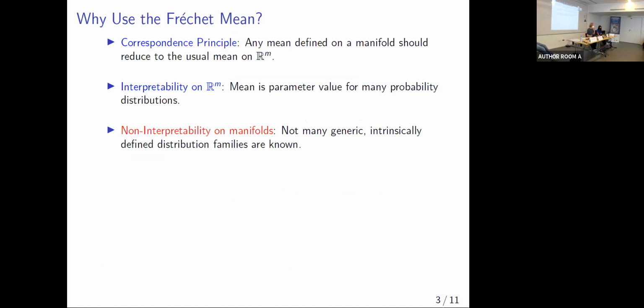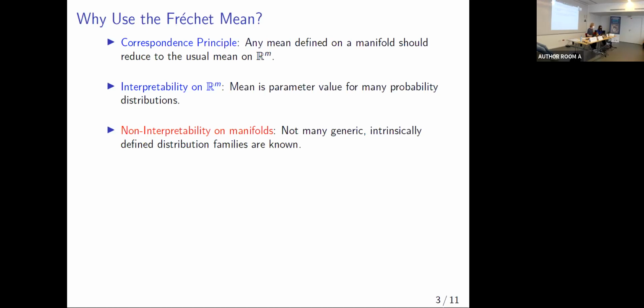And on R^m, we have additional nice properties of the mean, namely that it's very nicely interpretable. It's a parameter value for many probability distributions. Especially, of course, the multivariate normal, but in one dimension, it's the exponential, the Bernoulli, the binomial distribution, you name it, right? So in terms of many probability distribution models, the mean has very nice interpretation.